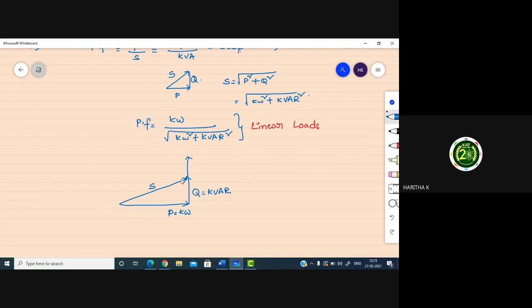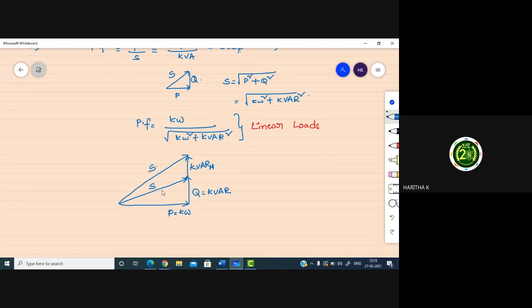That is due to harmonics. Sudden changes in your current lead to harmonics, and those harmonics are also some component of current. It will draw current from the supply, and due to that current you are getting the loss. That is represented here as kVAR H, the reactive power because of the harmonics, and that is a loss. In addition to the reactive component, some more reactive power will be drawn from the supply because of the harmonics. Now your apparent power will be this S.